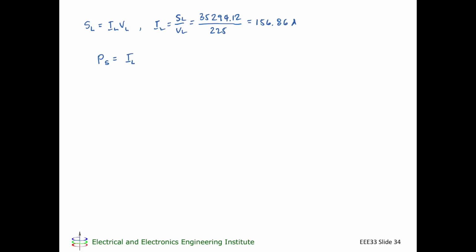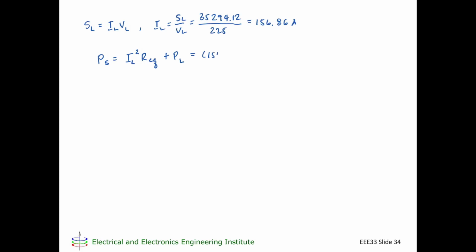That is I_L squared R equivalent, where R equivalent is the resistance component of Z equivalent, plus P_L. I_L we have computed at 156.86 amperes.